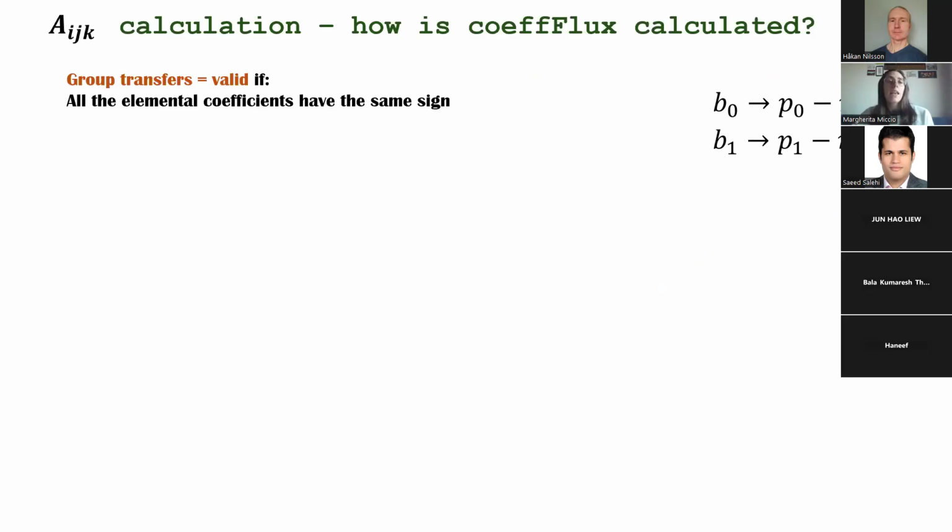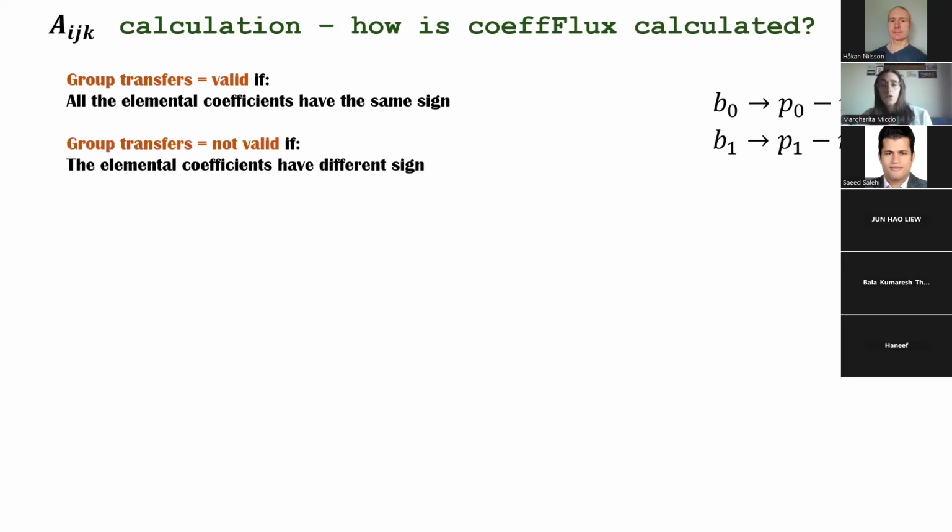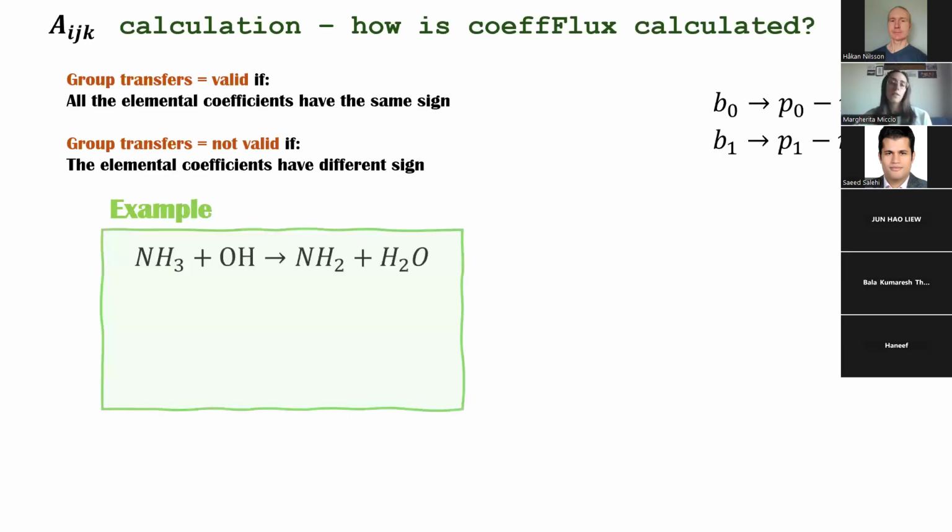Again, the group transfer is considered valid if all the elemental coefficients have the same sign. Instead, it's not valid if the elemental coefficients have different signs. So let's have a look at the previous example.